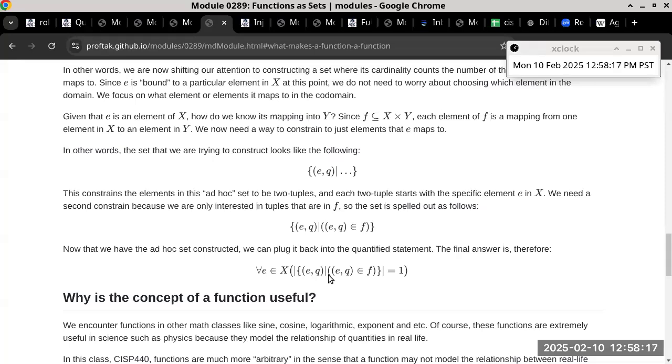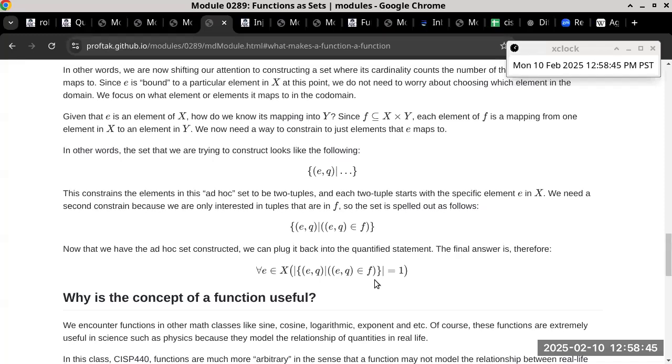that makes the other side of the bar happen. In other words, this part here is the actual Boolean expression that constrains what element can be in this particular set. So what we are asking is, go find me something in F as a set in the form of EQ. But we need to make sure that E is coming from the domain and group all of those things into a set, and then tell me how many things are in that set.